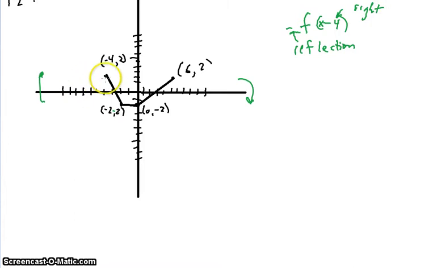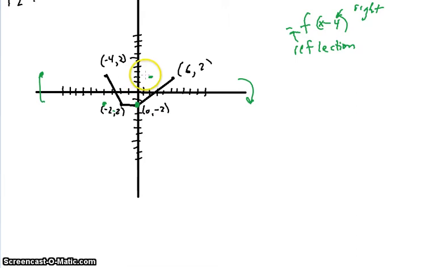So I reflect it, so it goes down to a -2, and then I go right 4. Reflect it, right 4.